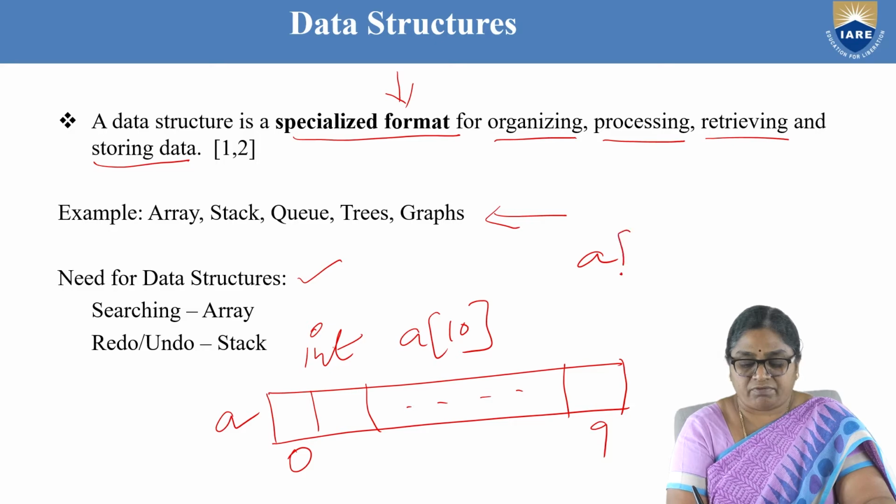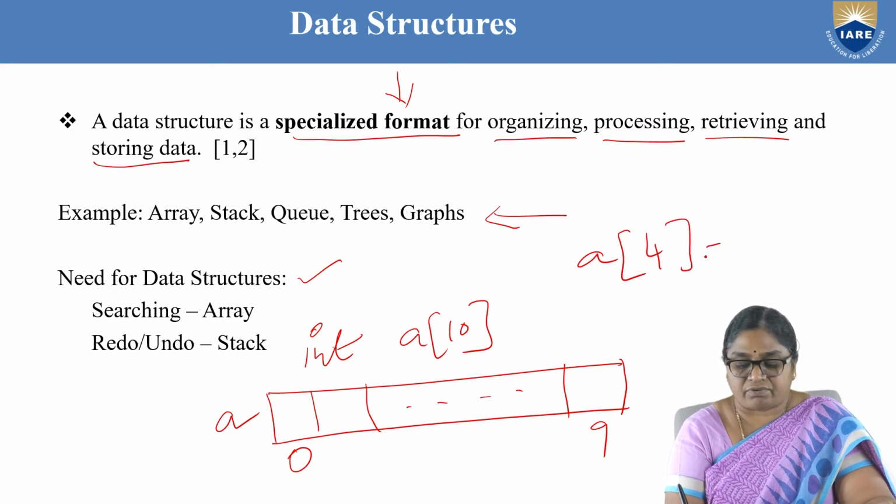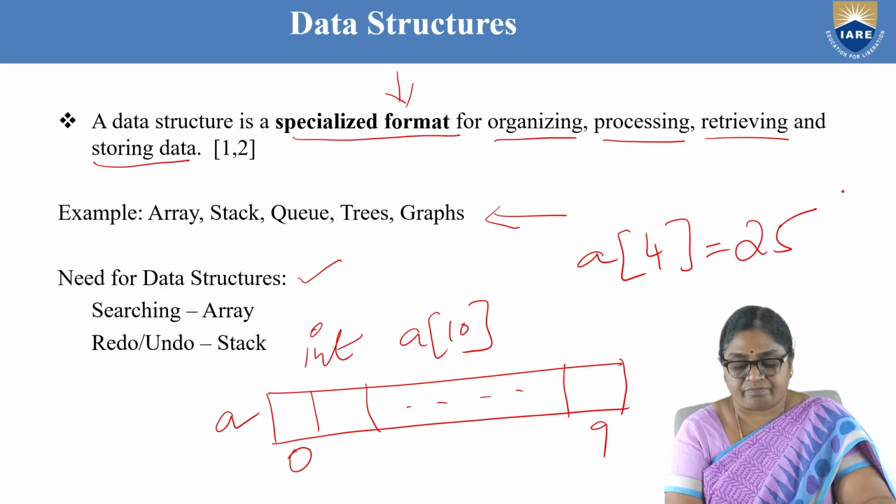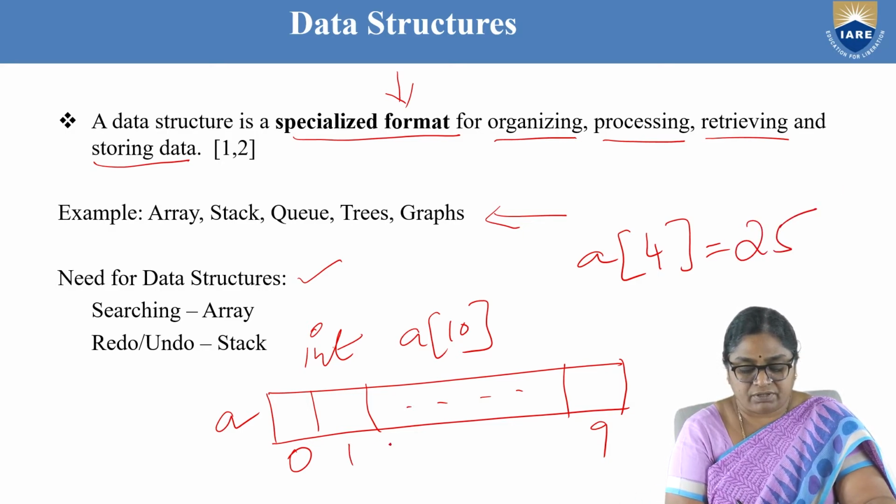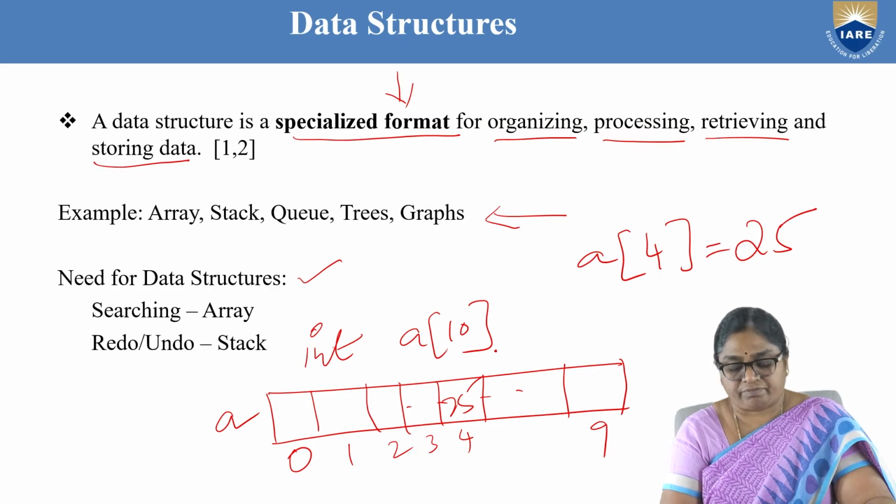For example, if I want to access the fifth element, I can write A of 4. A of 4 is equal to some 25. So here 0, 1, 2, 3, 4. Here it will place 25.